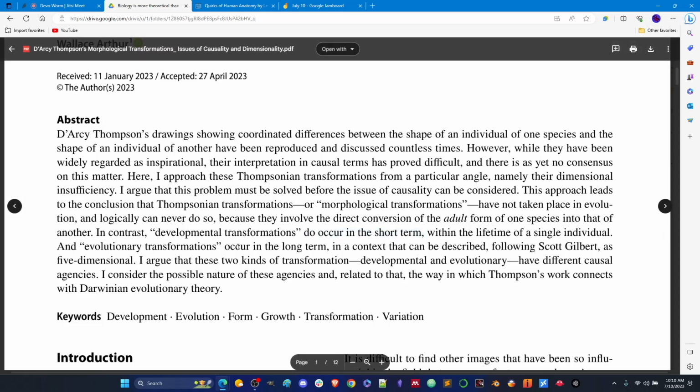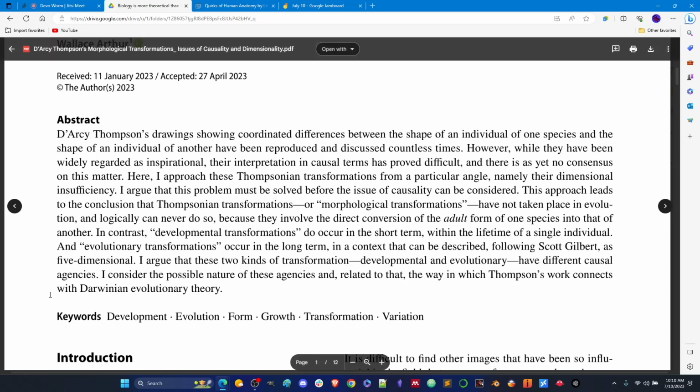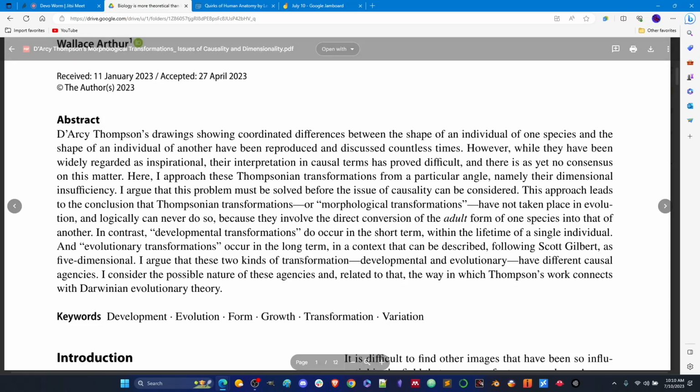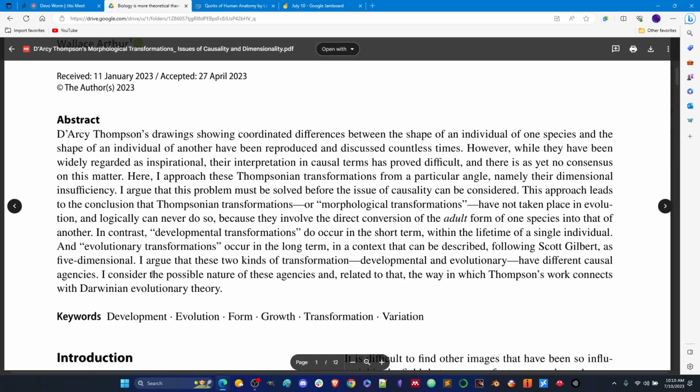And evolutionary transformations occur in the long term in a context that can be described following Scott Gilbert as five-dimensional. Scott Gilbert's a developmental biologist who described these as five-dimensional transformations. I argue that these two kinds of transformation, developmental and evolutionary, have different causal agencies.